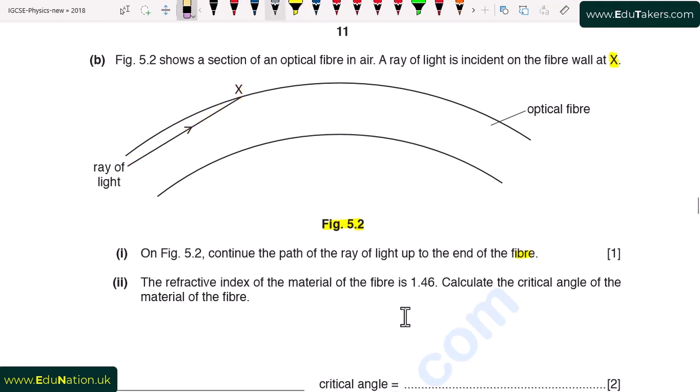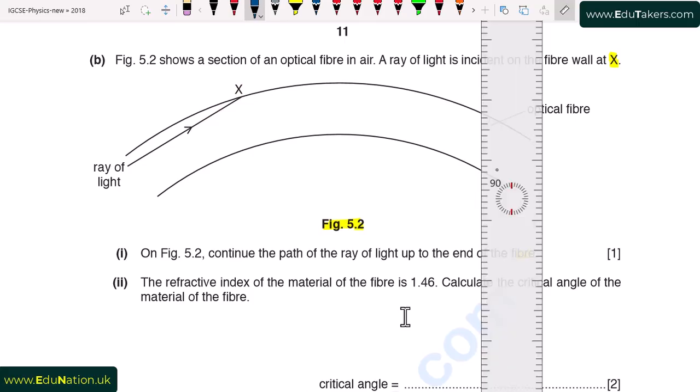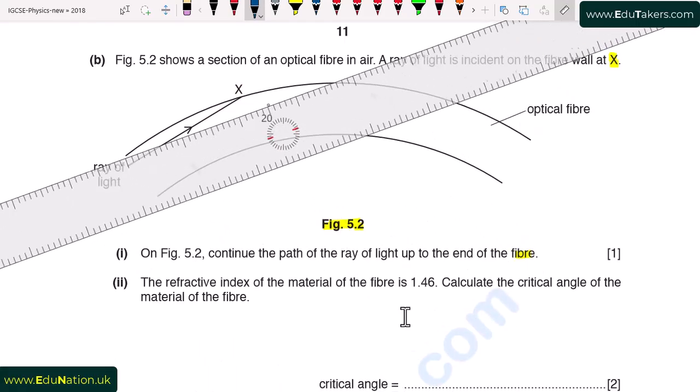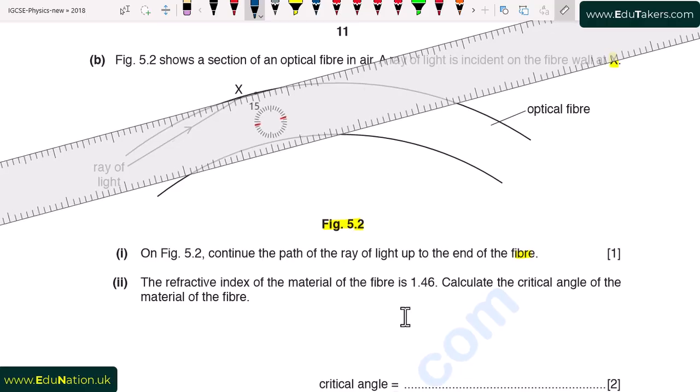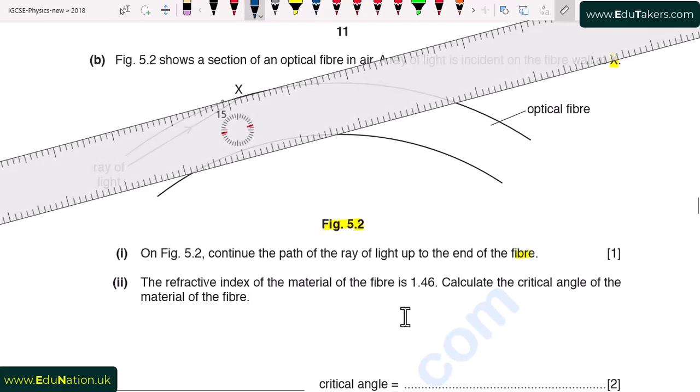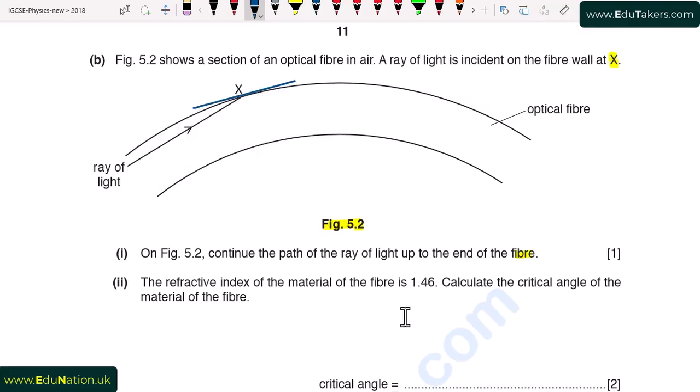For that, first of all, I draw a normal at point X. So this is the normal line here. And we know that the angle of incidence is the angle that the incident ray makes with the normal line.